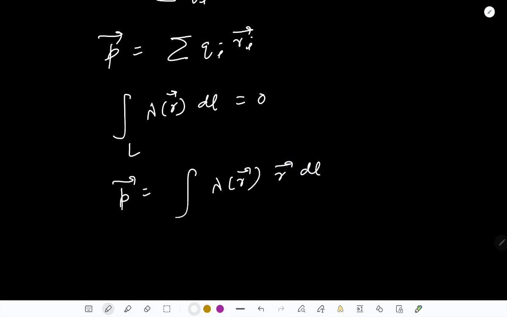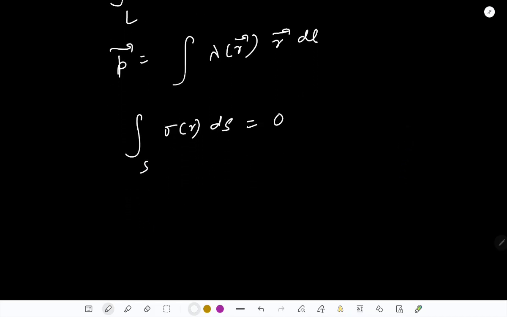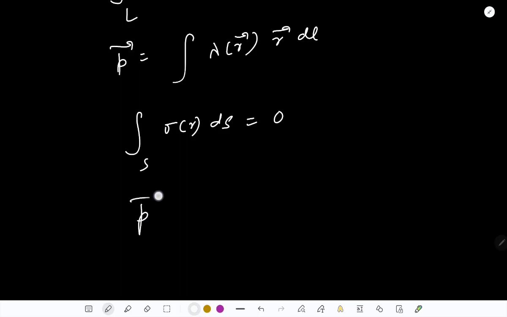In the case of surface distribution of charges, you need to assure that your integral of sigma ds must be equal to 0, that is, the net charge is equal to 0 for the entire surface, and then you calculate the dipole moment simply by the integral of sigma r ds.